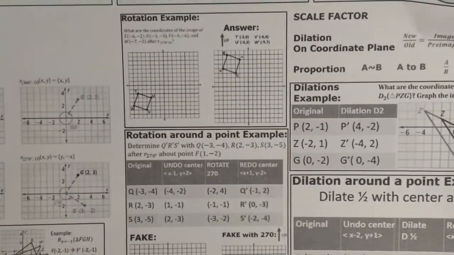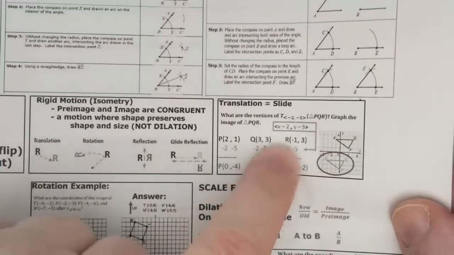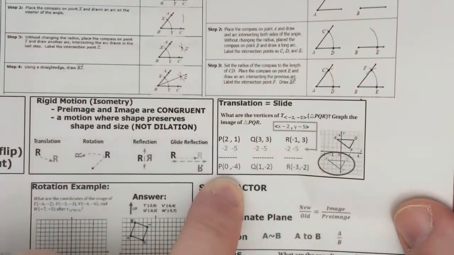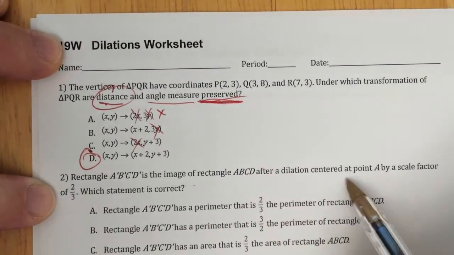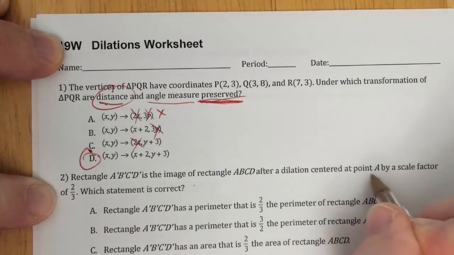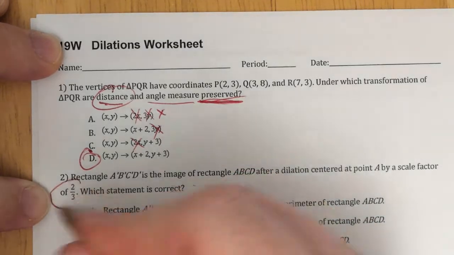And here is an example of that right here. So translation, you're just adding stuff, right? Just adding or subtracting. Okay, excellent. Okay, in this figure, the dilation is centered at point A with a scale factor of this.